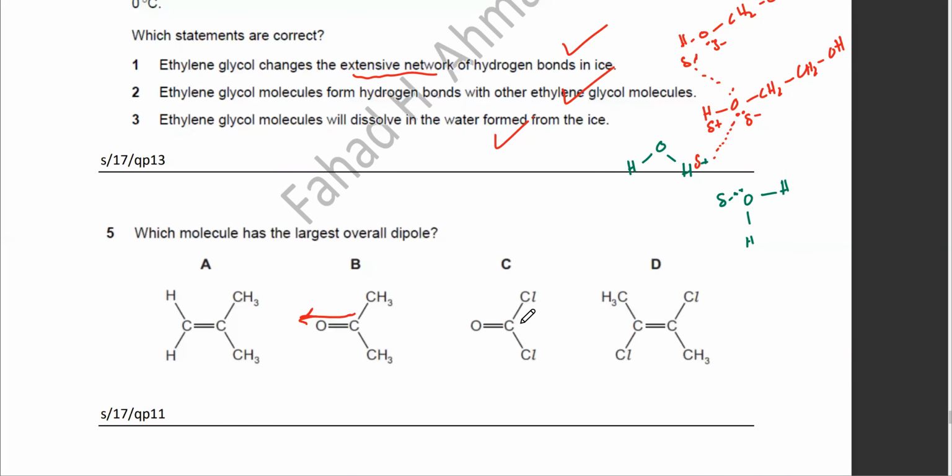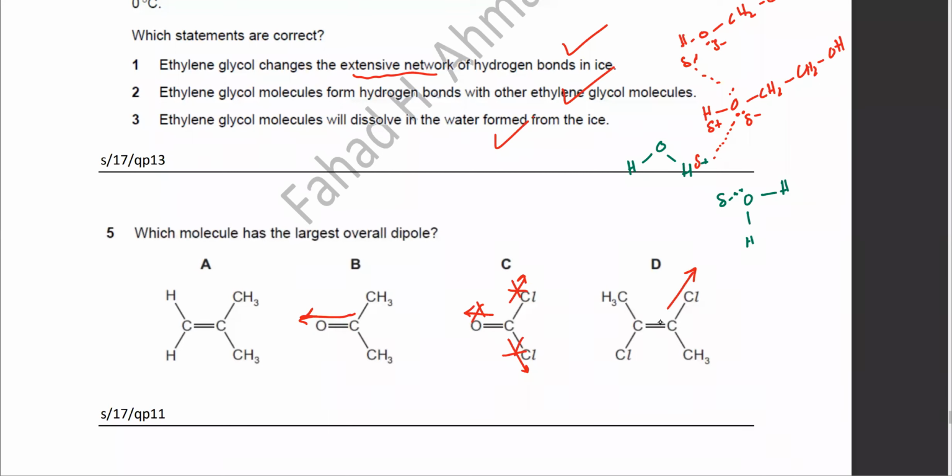This one will not have a very strong dipole because all three atoms are kind of electronegative. Oxygen is electronegative. Cl is also electronegative. So, I mean, the electronegativities are not exactly the same, but they will cancel out. All three atoms are kind of electronegative, so the dipoles will cancel out. This one as well, Cl is the one that's electronegative.